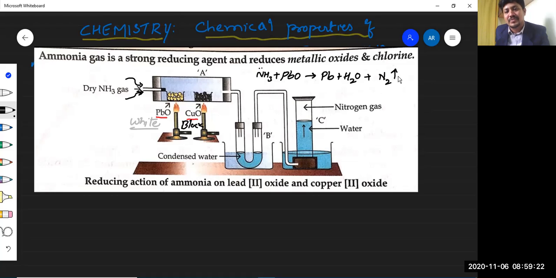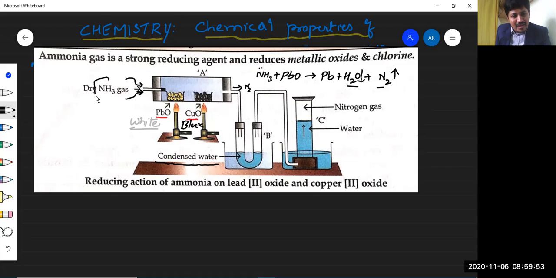That nitrogen gas, N2, is passed through the U-shaped tube. The U-shaped tube contains water, because we are going to condense the water vapor there.